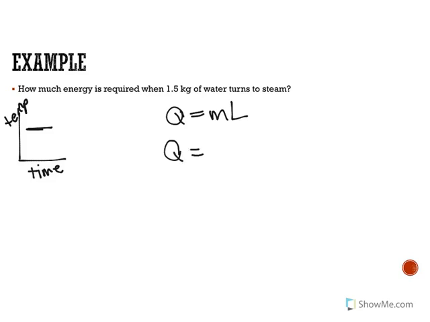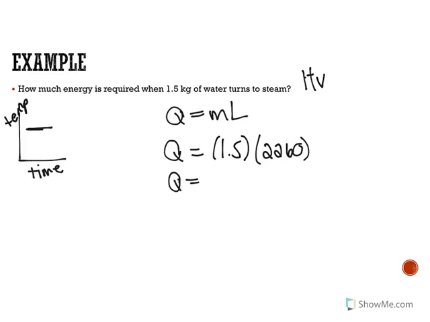So Q is equal to our mass in kilograms, which is good, times L. Our water is turning into steam, which means we need to use our heat of vaporization value of water. It is 2,260.